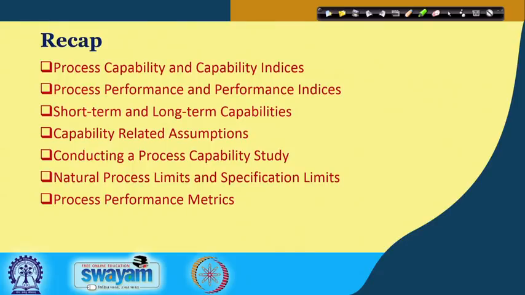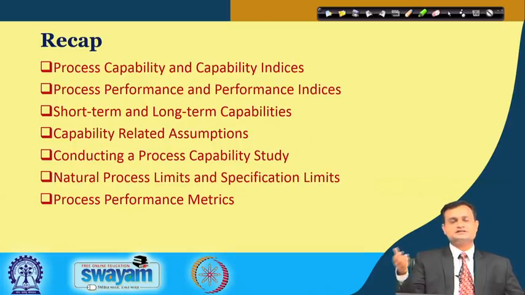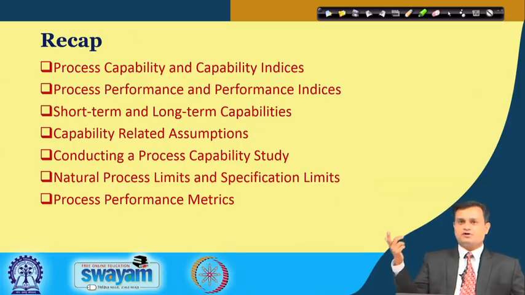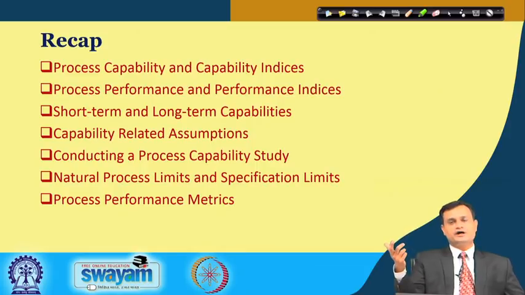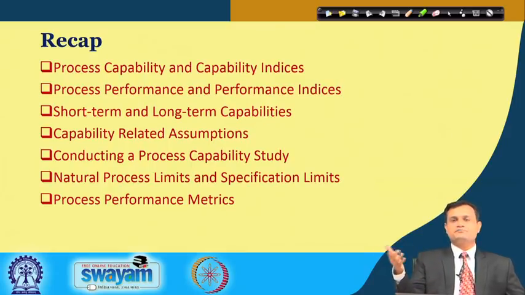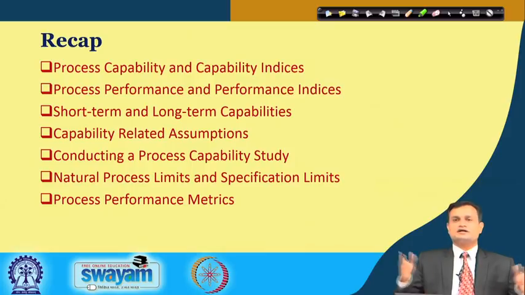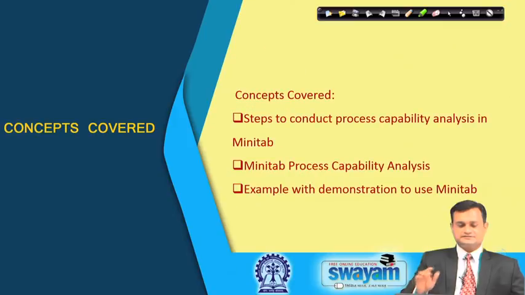CP indicates the potential of the process, CPK the performance of the process, then you have CPU and CPL if you are targeting only one specification limit. In the same way you have PP, PPK, PPU, PPL, typically when you are considering a long horizon over which the process is observed, for long term process capability analysis.